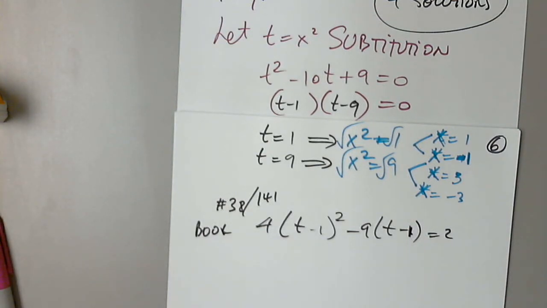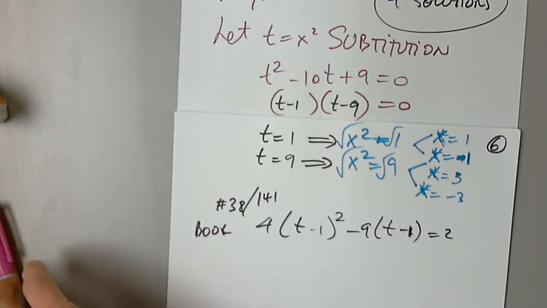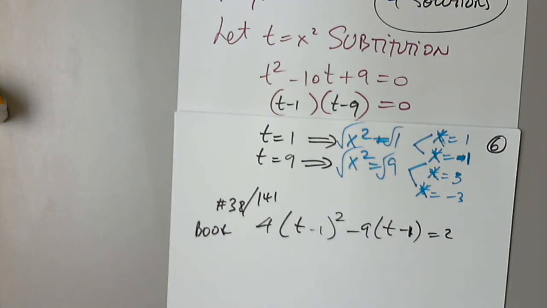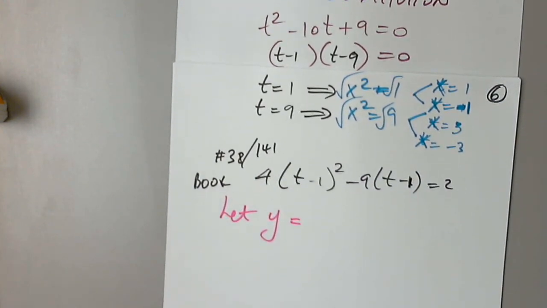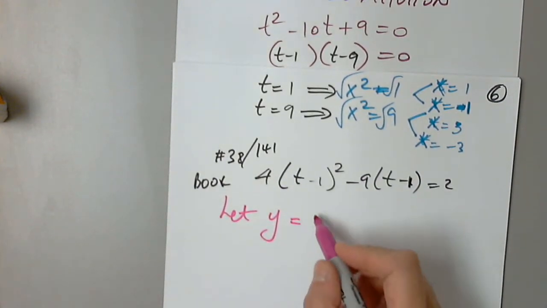The method is very useful, especially in this case. In the previous case, Robert is right. He said, well, just factor as if it's x squared minus 1 times x squared minus 9. That's fine. Perfect. And then you can continue factoring. I completely agree with that. But here, I think it's easier to use a substitution. So we'll say let y be t minus 1. Oh, of course, thank you very much.